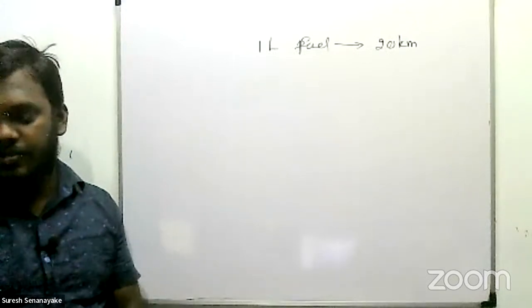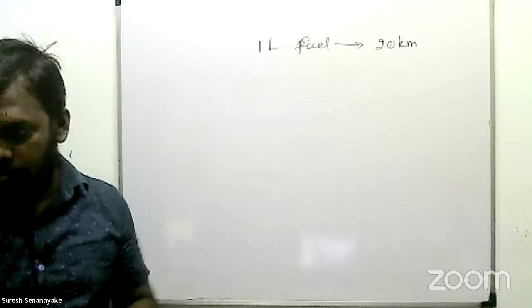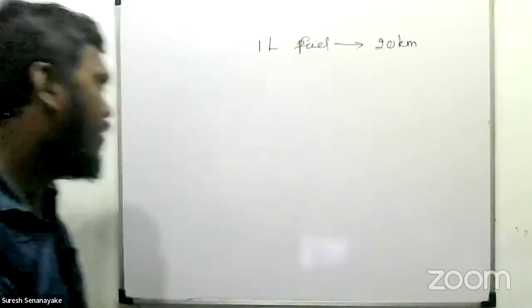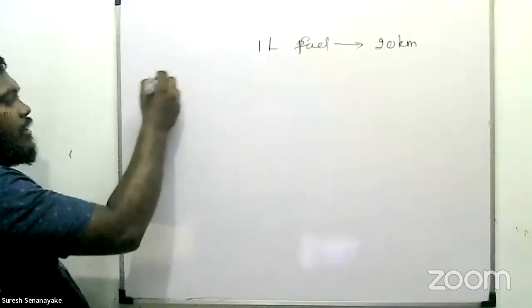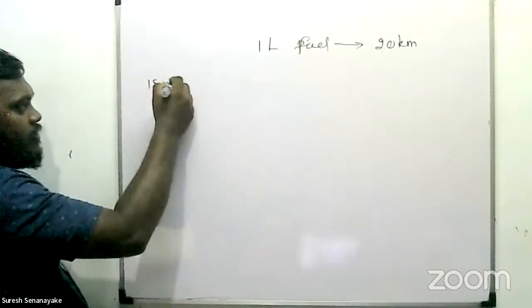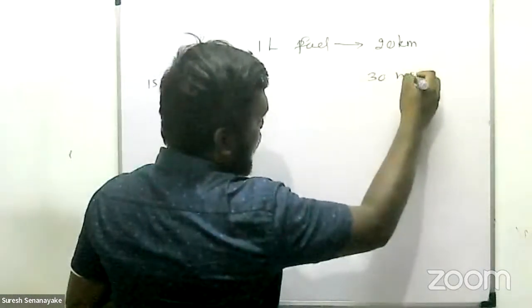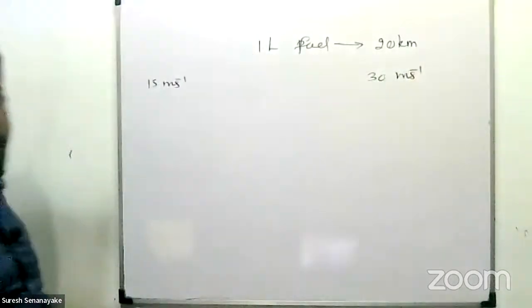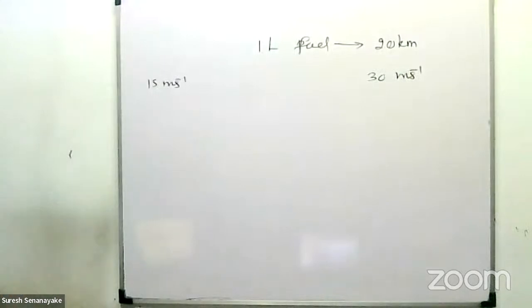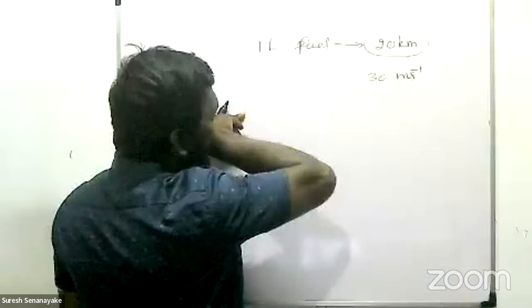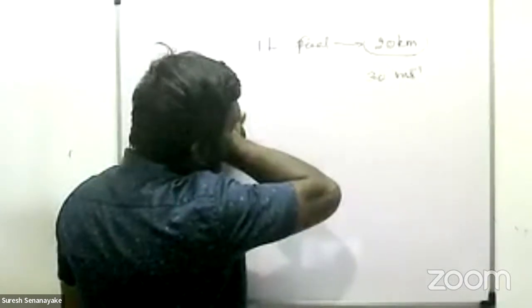Okay. So what is the efficiency of the engine when it's moving at 15 meters per second and 30 meters per second? You can ask the question like this: in both cases, the efficiency of the vehicle engine, right? So 1 liter of fuel, the fuel efficiency is given like this.